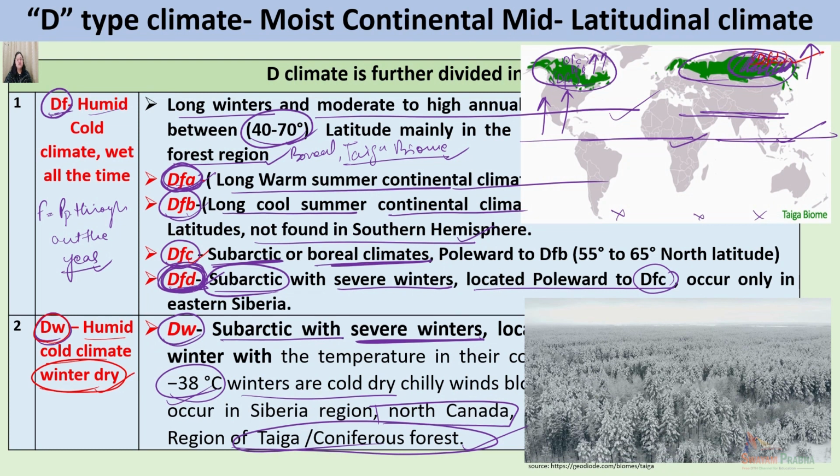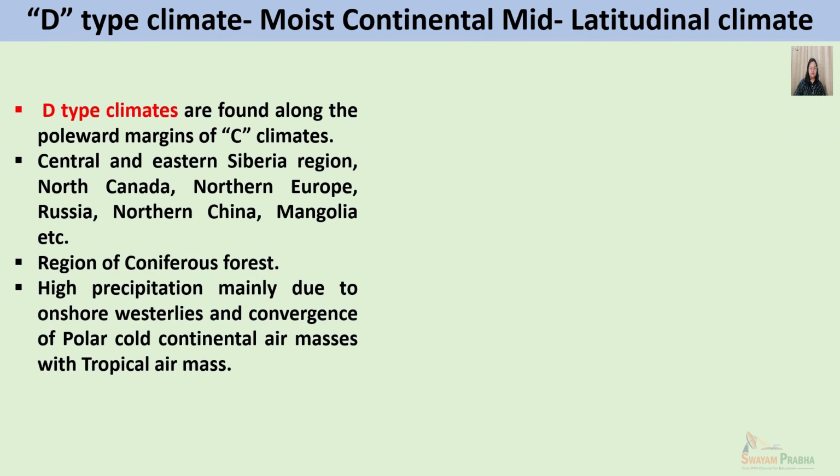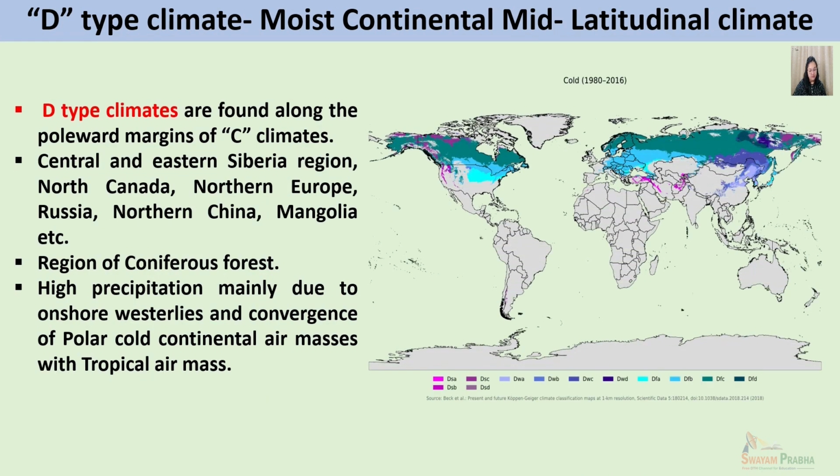And the main characteristic of D type of climate is that they are found along the continental interiors because of very severe cold conditions which develop along the interior continental regions between 50 to 70 degree latitudes, mainly in the northern hemisphere. So let's see what is the distribution of D type of climate.